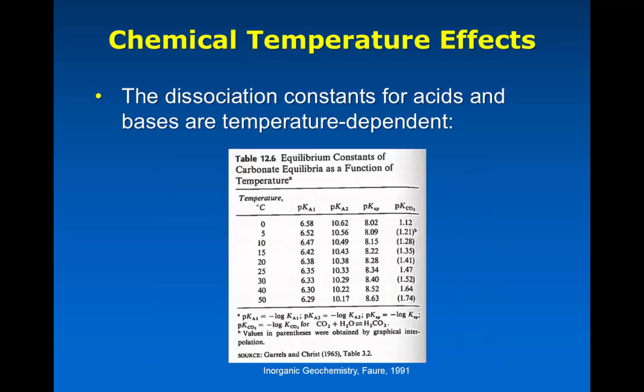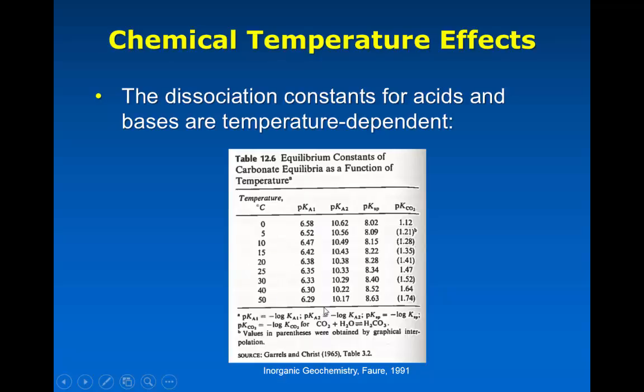And so here's a relationship. I scanned this right out of my favorite geochemistry textbook this morning, and you can see how the acid dissociation constants pK1 and pK2 are sensitive to temperature. As we go to higher temperatures, the values of those go down.